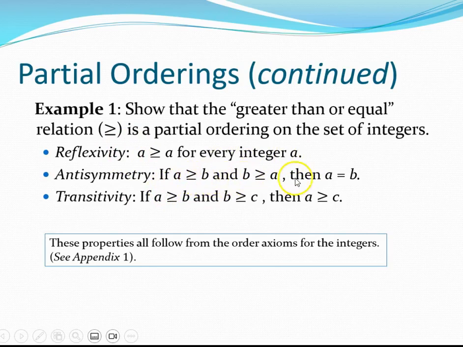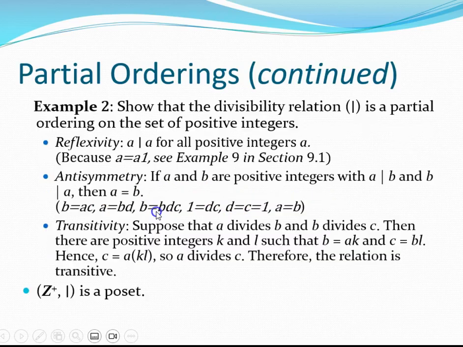Anti-symmetric relation, because these two inequalities imply a equals b, and transitivity is a property that we know very well for real numbers. So it holds for integers also.